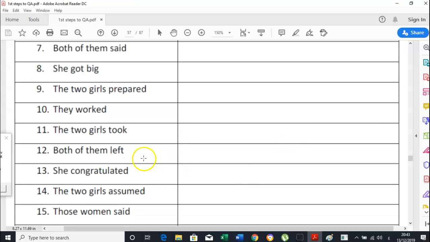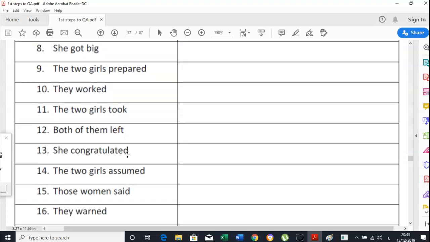Okay, number 12 is the word kharaja, to leave. Both of them left. Kharaja, very good. Bashara is the next one. She congratulated. Bashara. Basharat.